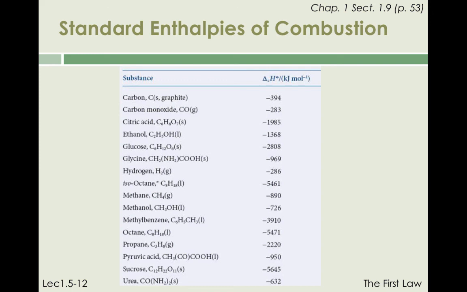So for instance, the delta C H standard value for carbon graphite is higher than that for carbon monoxide. Similarly, less heat is released during the combustion of methanol than during that of methane. When comparing molecules such as methane, propane, isooctane, the larger the alkane, the larger its standard combustion enthalpy.